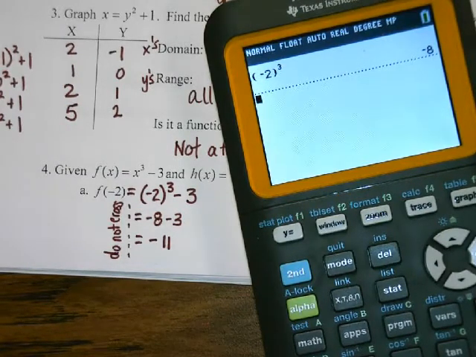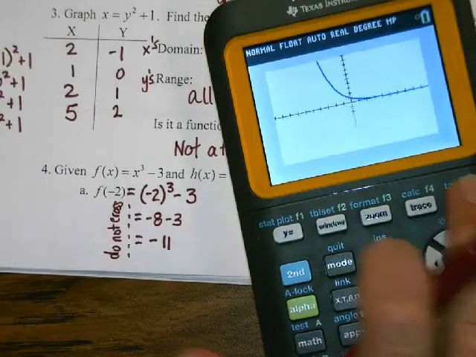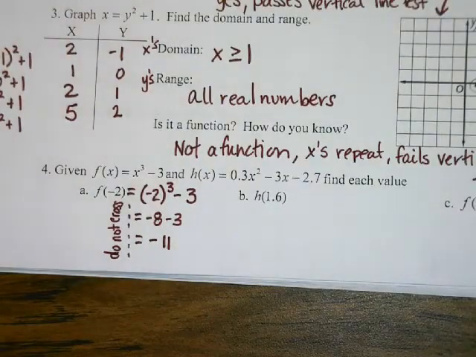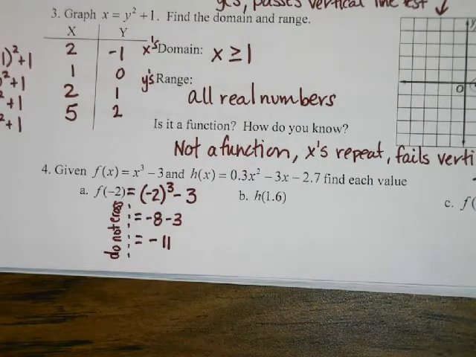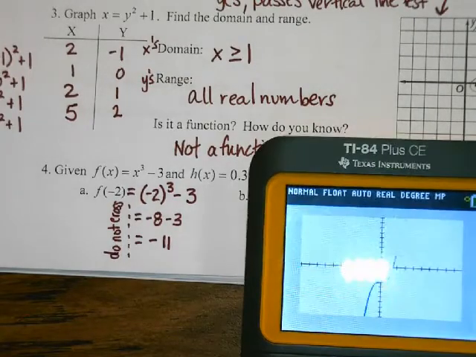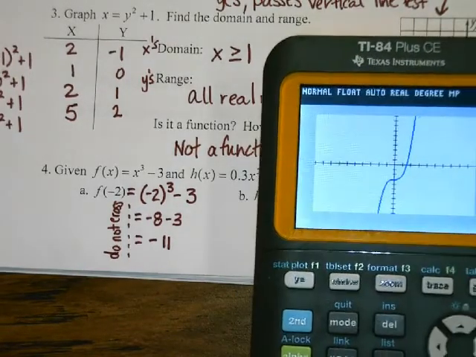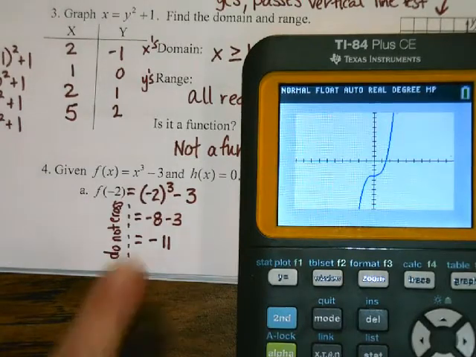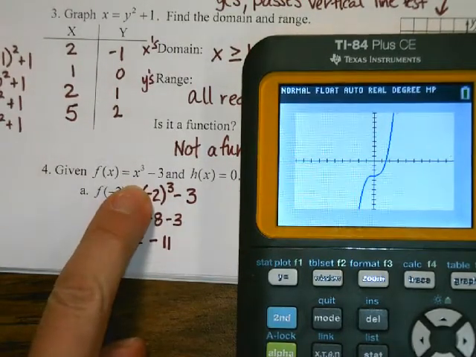Now, I want to show you that on the calculator so that you can see the table. So let me plug it into the calculator so you can see. That is a graph of this function f of x, x to the third minus 3.